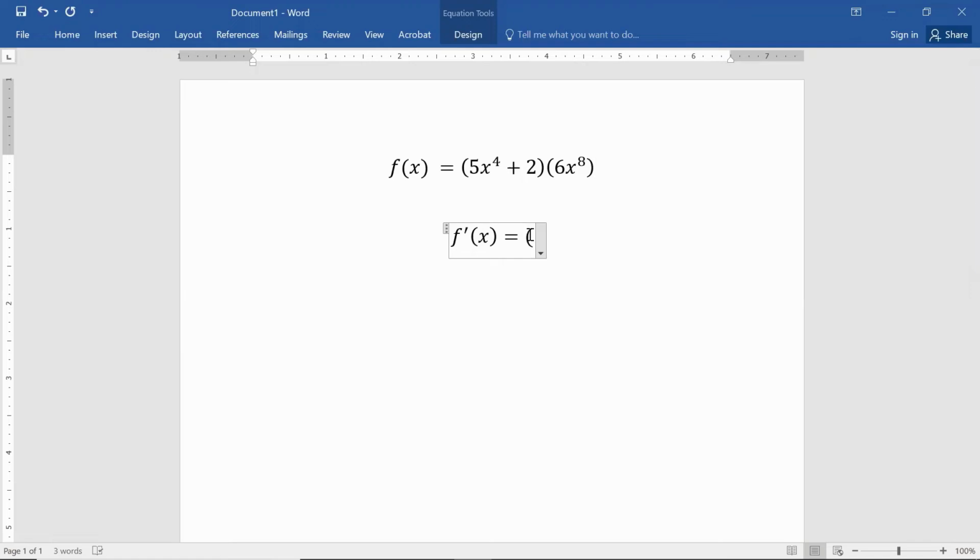I'll just write that as 20x to the third times the normal second expression, that's 6x to the 8th, plus the normal first expression, that's 5x to the fourth plus 2, times the derivative of the second expression, 48x to the 7th, and that would be how you would find the derivative using the product rule.